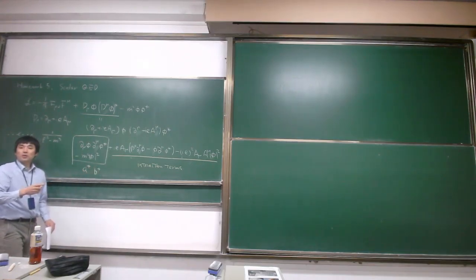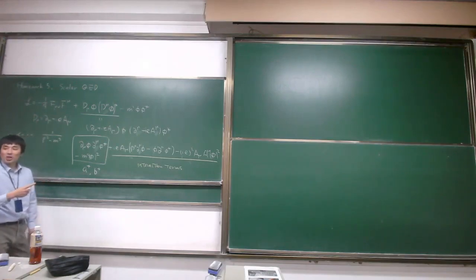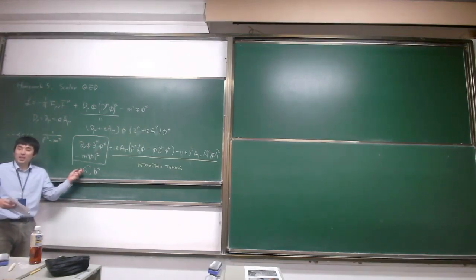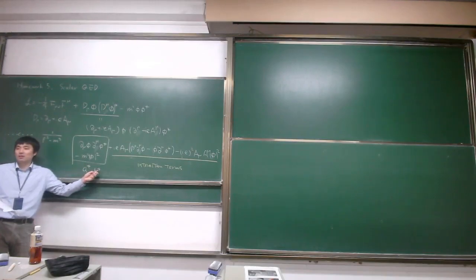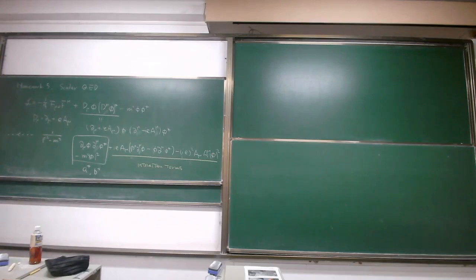If you recall, like the first or second homework, I already forgot which one it is, you have two creation operators. One is the scalar particle, and the other is the anti-scalar particle, for the complex scalar field. So therefore you really need to write down the direction. Okay? If it is outgoing, it's a particle. If it is incoming, it's an anti-particle, and so on. Anyway, it depends on the initial and final state.